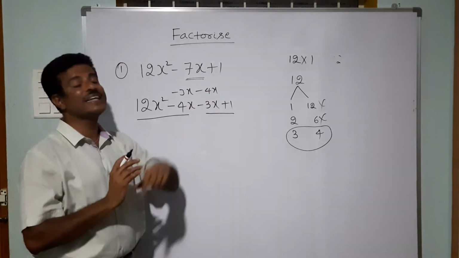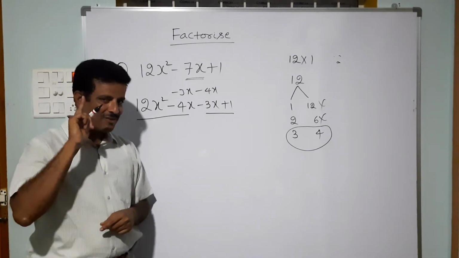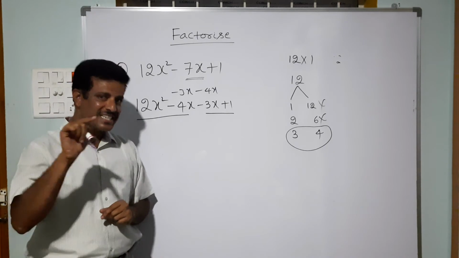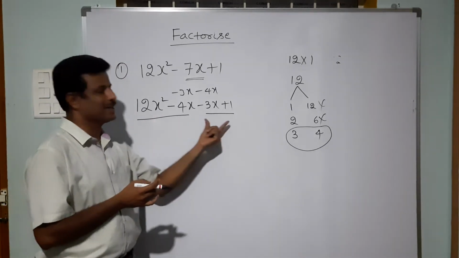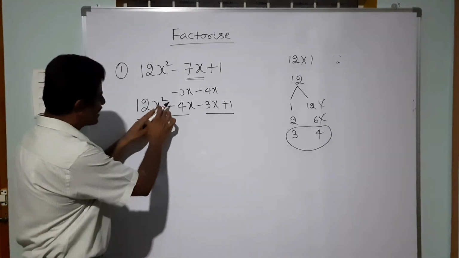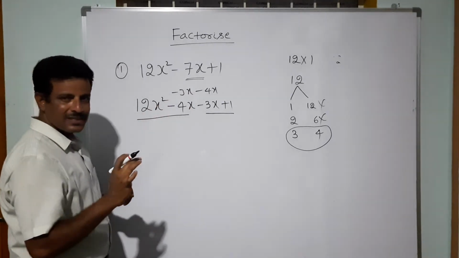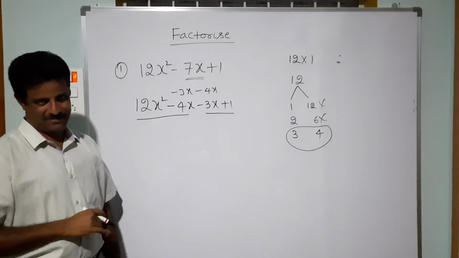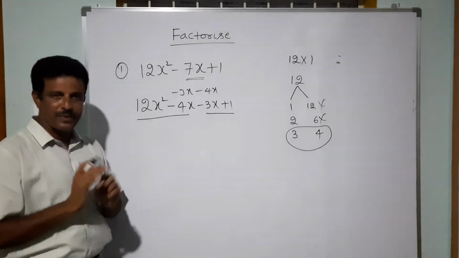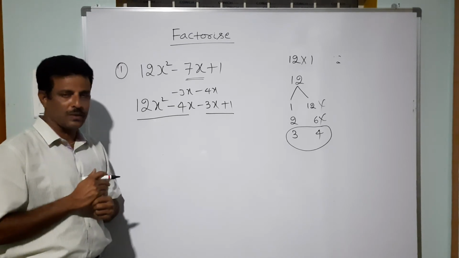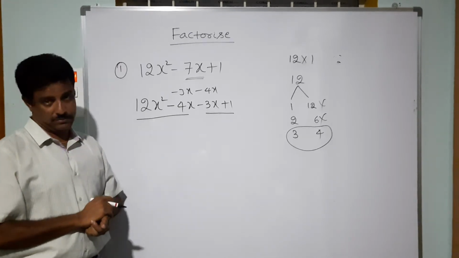This is also right, but one condition is there. Next step, group two terms, but 12x square minus 3x, so no common is there. Yes, a common is coming, okay, no problem, but sometimes it is not coming.